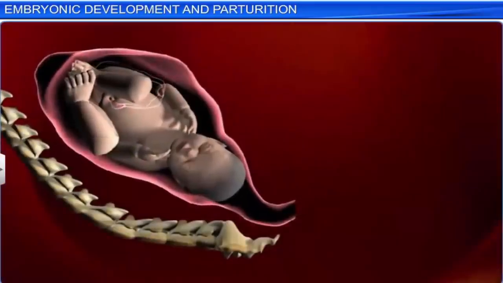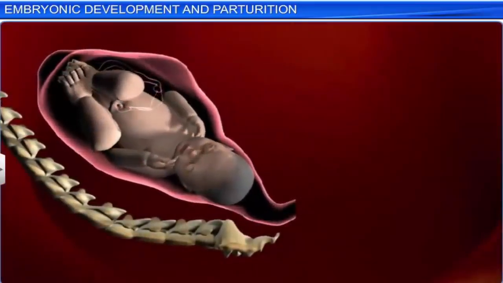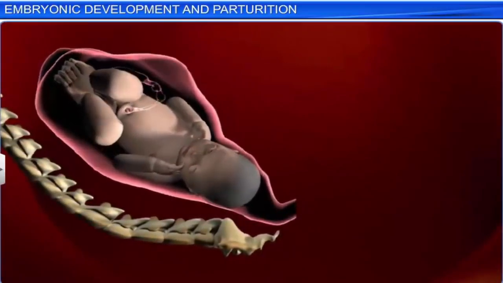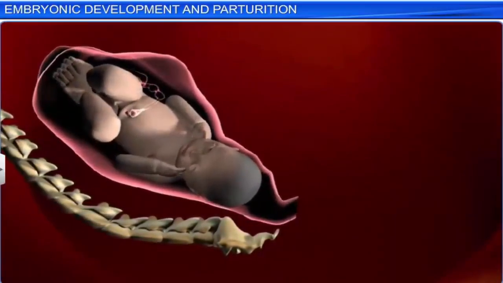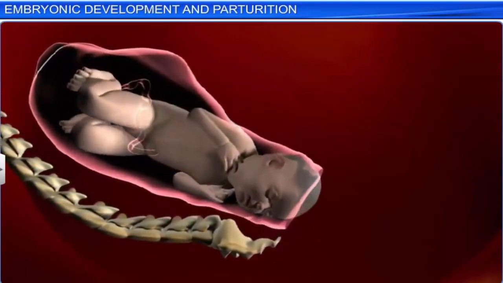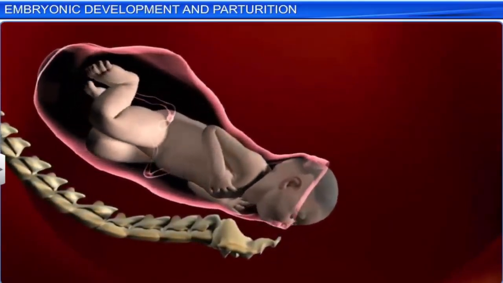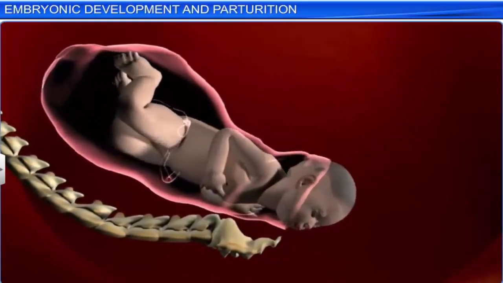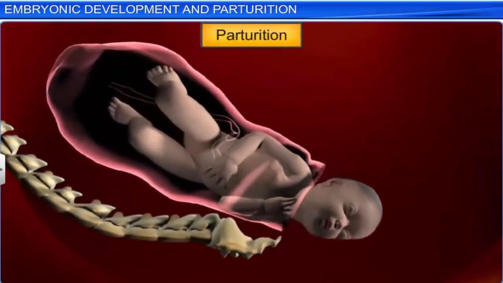The simultaneous uterine contractions and oxytocin release makes the contractions stronger with every passing minute and ultimately results in the expulsion of the baby from the mother's uterus. This process of delivery of the fetus is called parturition.